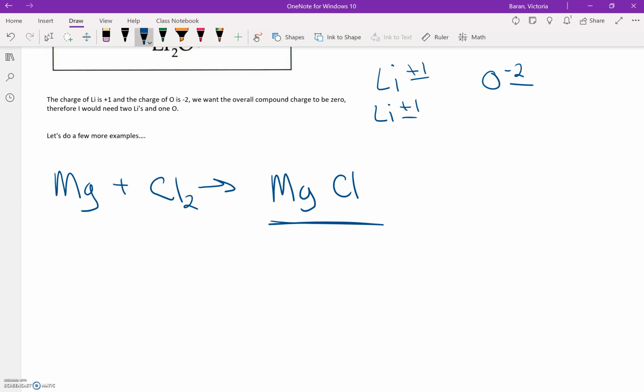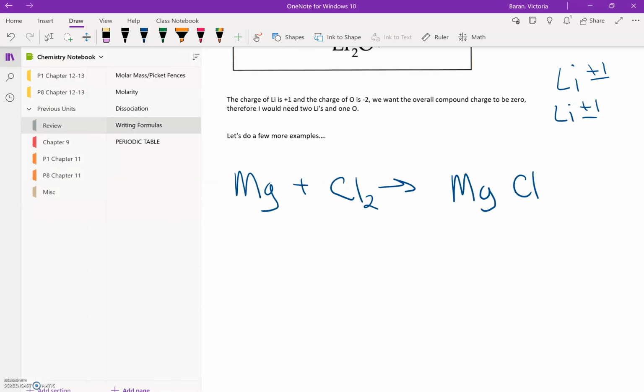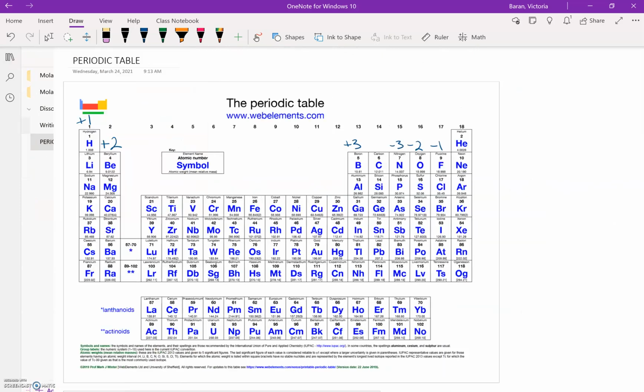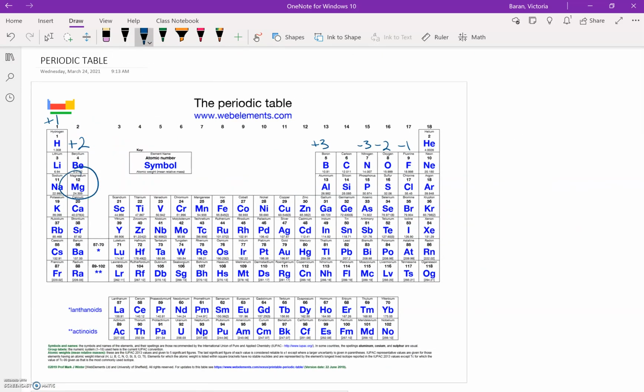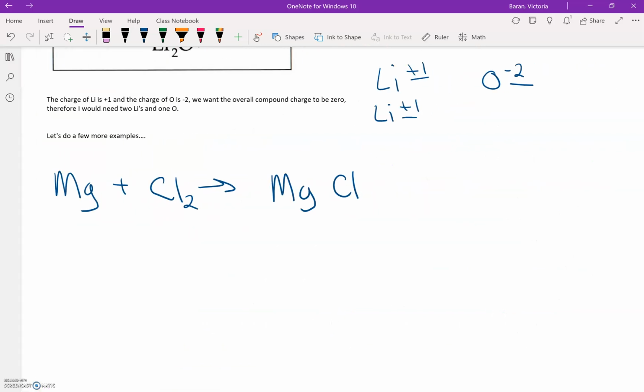Next, I'm going to figure out their charges. If I look at my periodic table, magnesium is right here, so it would have a charge of +2. Chlorine is right here, and it would have a charge of -1. So I'm going to write those charges on these. This is +2, and this is -1.